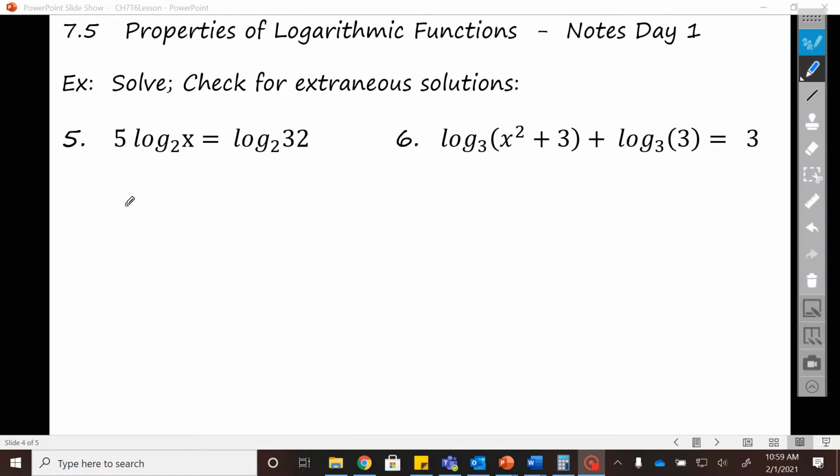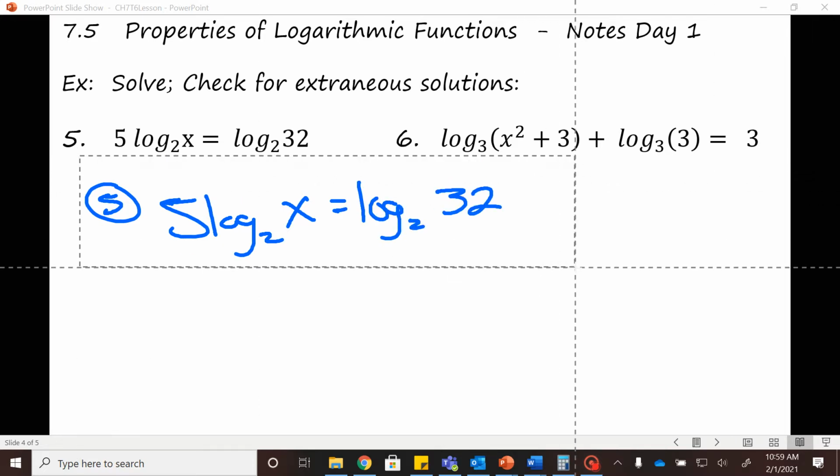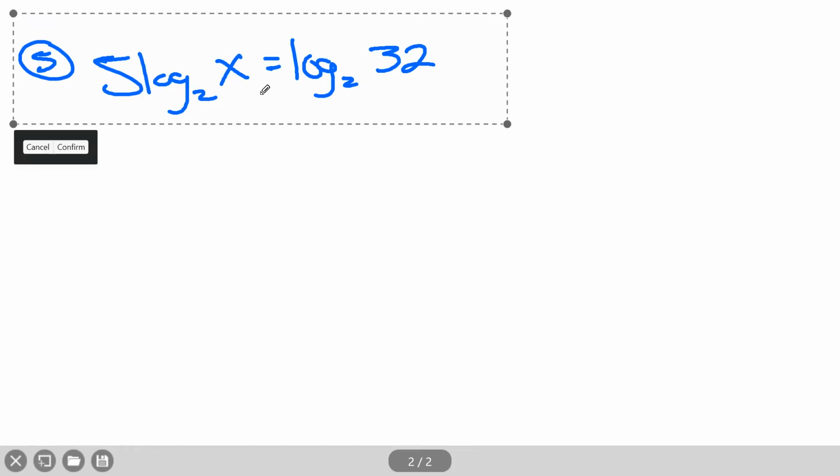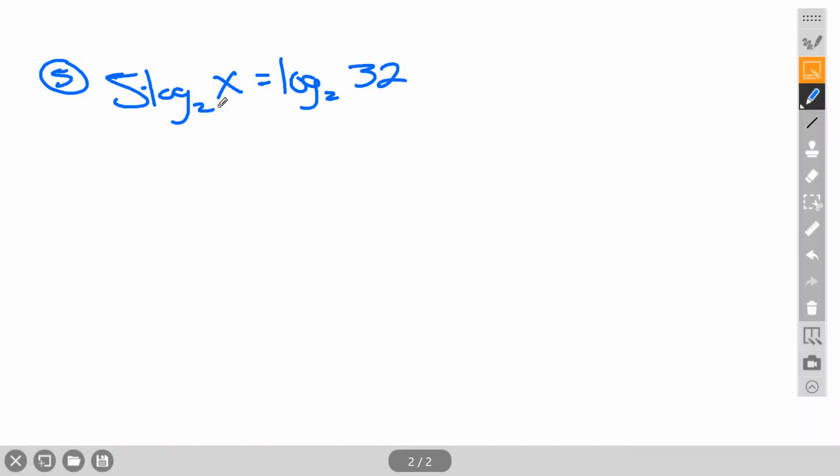Number 5, we got 5 log base 2 of x equals log base 2 of 32. Alright, so this is 5 times log base 2 of x, so that's the power property. So I can rewrite this with everything inside.